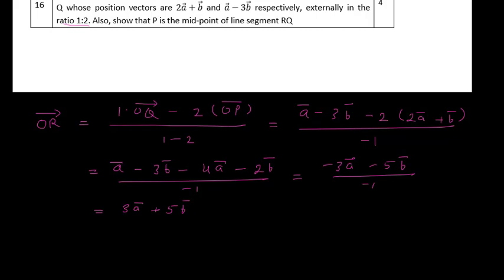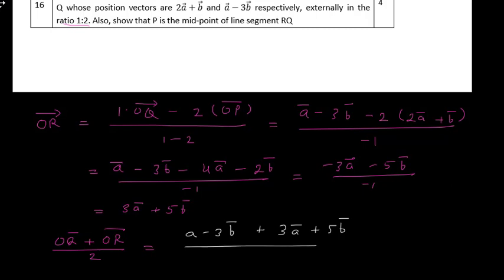Now we have to show that P is the midpoint of RQ. So let us find OQ plus OR divided by 2. If I get this as OP, then P is the midpoint. OQ is A minus 3B plus OR is 3A plus 5B, and whole divided by 2.